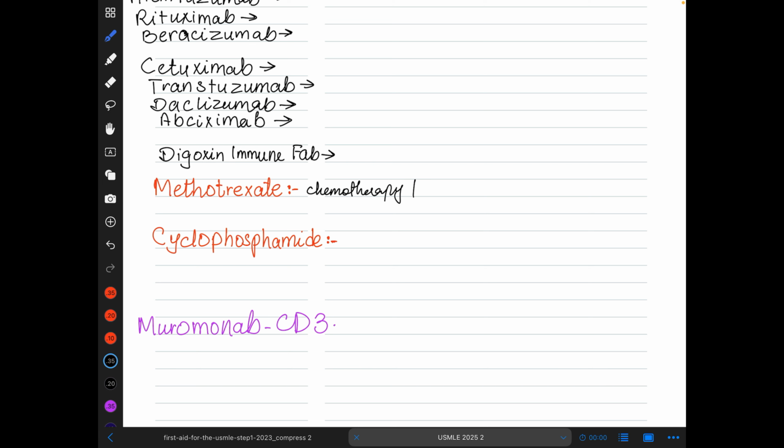It mimics folic acid and is going to inhibit dihydrofolate reductase.